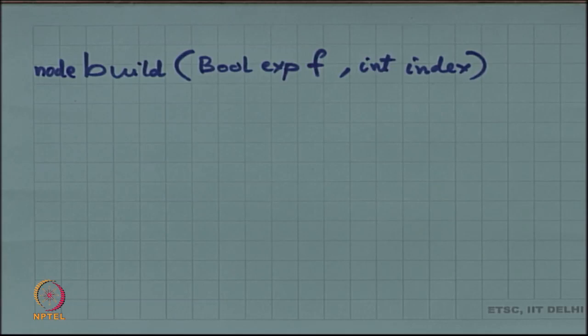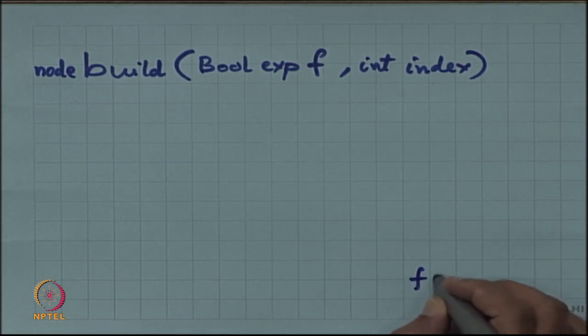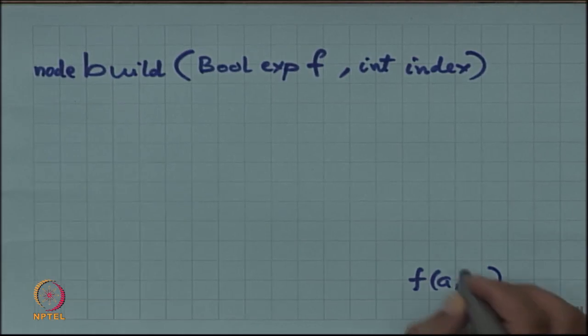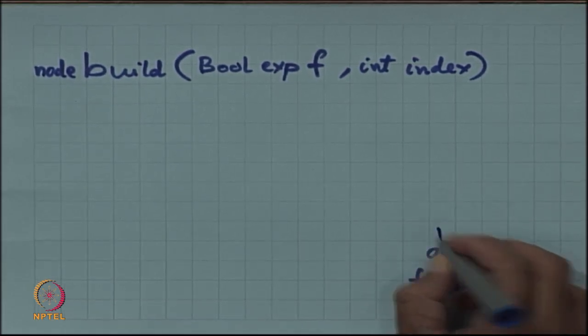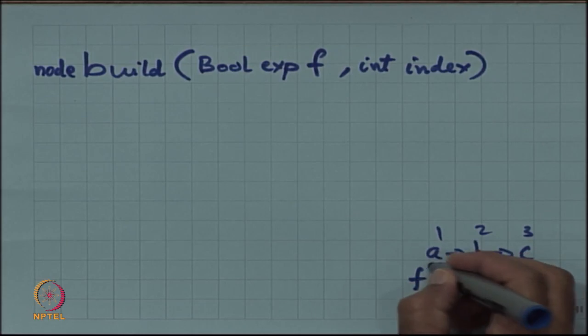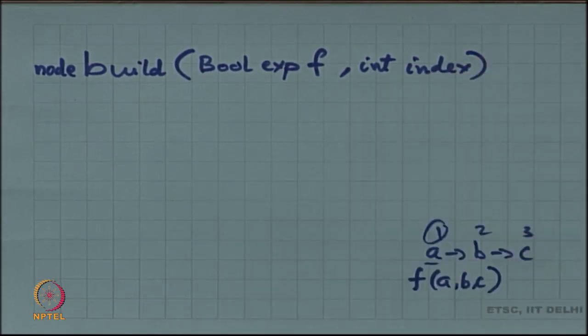of the ROBDD. If you have a function f of a, b, c, something like that, and that order is a, b, c, then I can call that build function with a, or 1, as the index first.